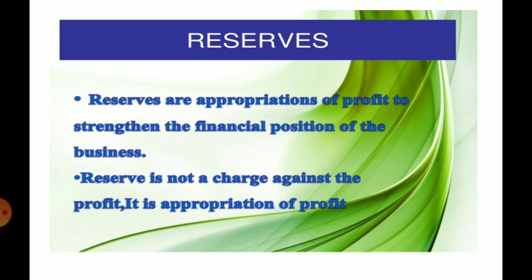Now, reserves are an appropriation of profit to strengthen the financial position of the business. Reserve is not a charge against profit, it is an appropriation of profit. It means if in any year the company does not get enough profit, then they don't make any reserve.